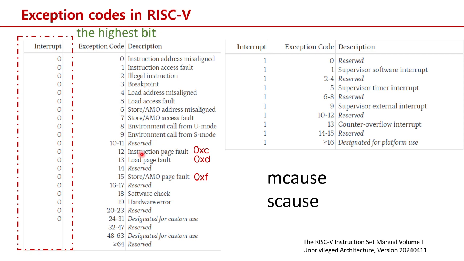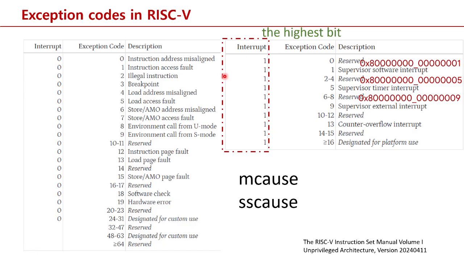The important thing is that, in this case, the highest bit inside this value is 0. So only by looking at the value of the mcause register and scause register, you can immediately identify the kind of trap.